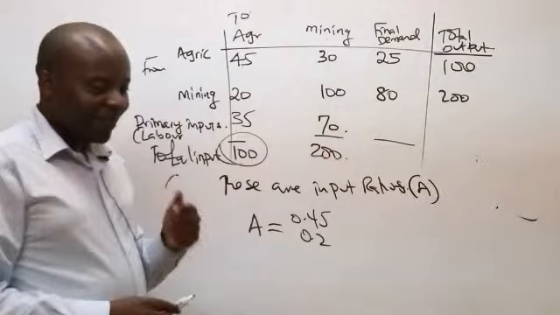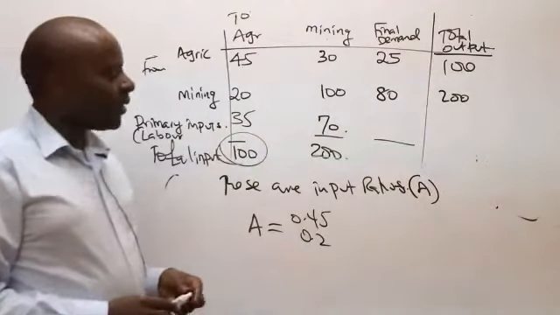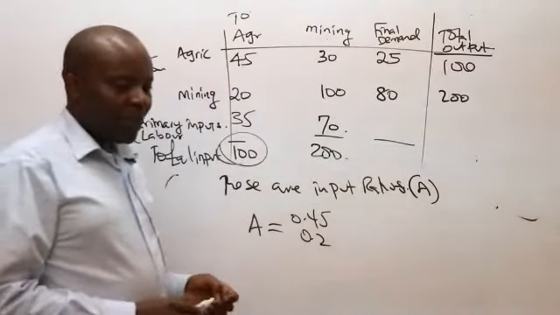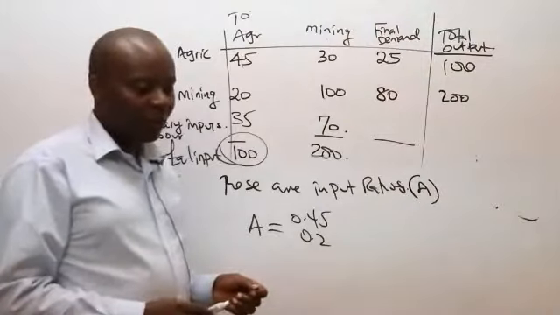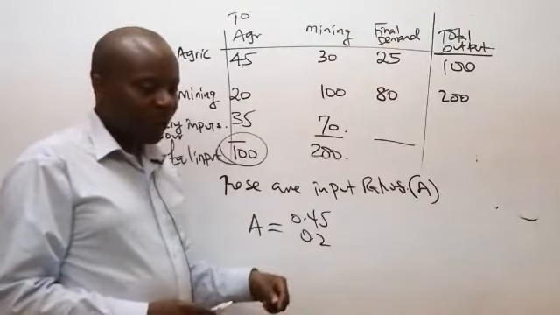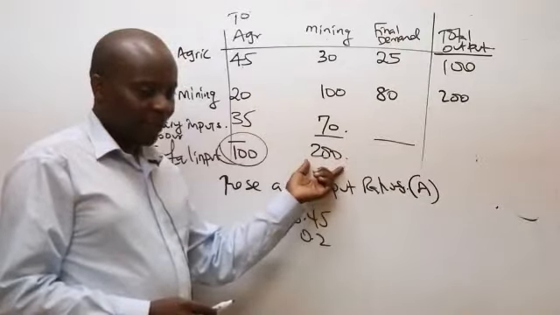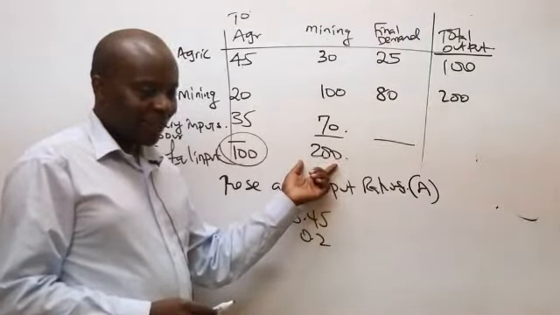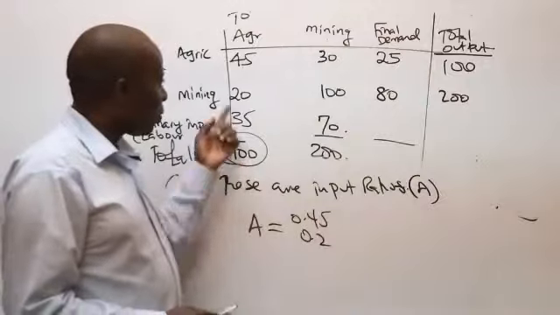Thanks for trying, but be more careful. What is the total input here for mining? Not 100, it's 200. This one here was 100, so we took 45 over 100.